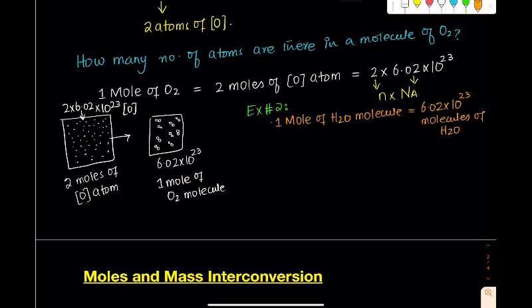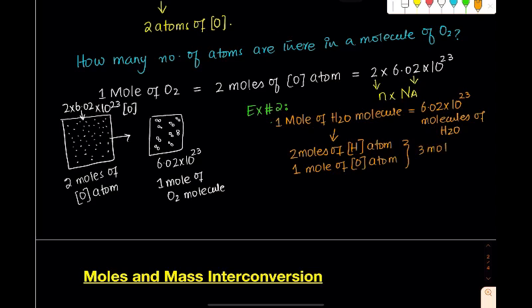And water is made up of 2 moles of hydrogen atom and 1 mole of oxygen atom. So in total we have 3 moles of particles, right? The identity is different, but we have 3 moles of particles.